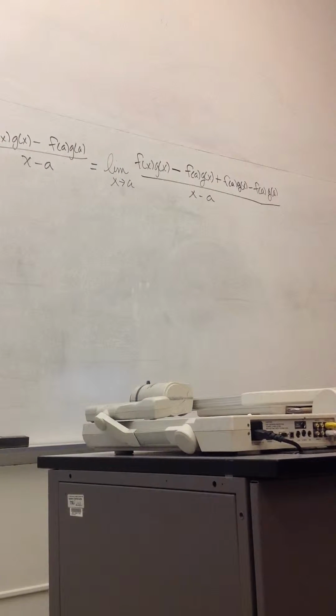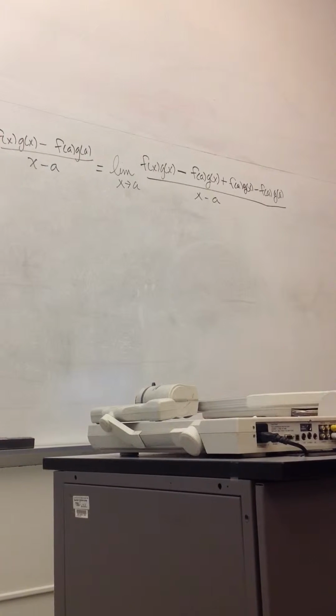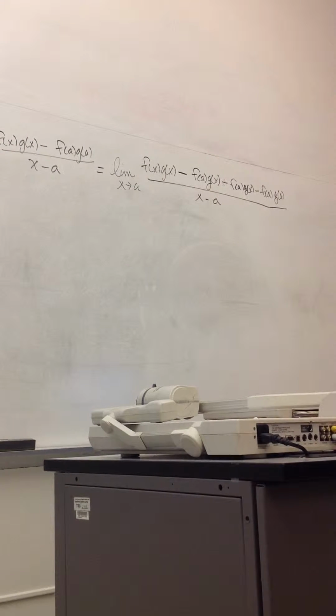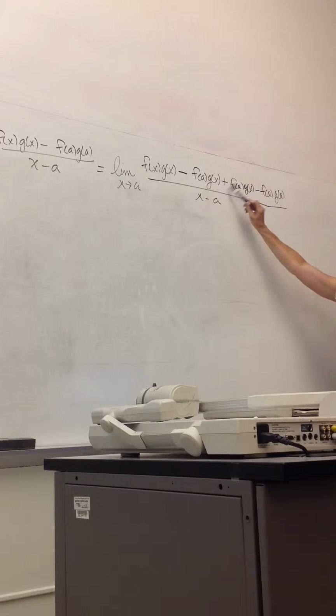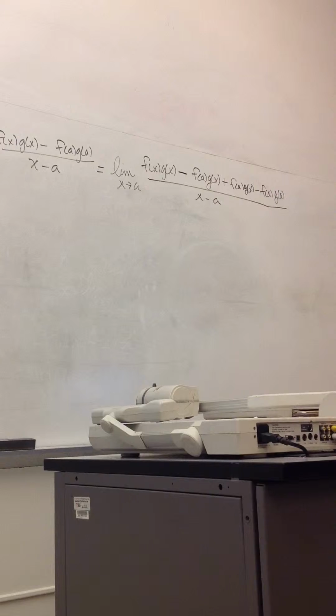Right, so I added and subtracted the same expression, so this new expression is still equivalent to the one we started with, but I'm going to be able to break it up here and whittle it down to some rule that we'll be able to follow.